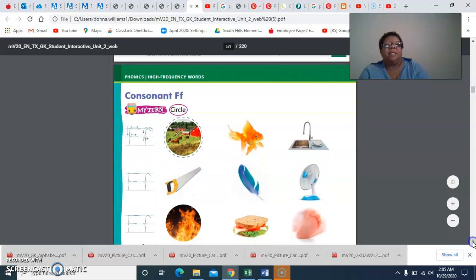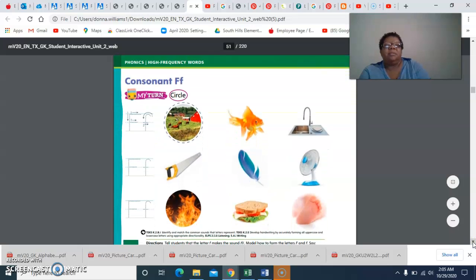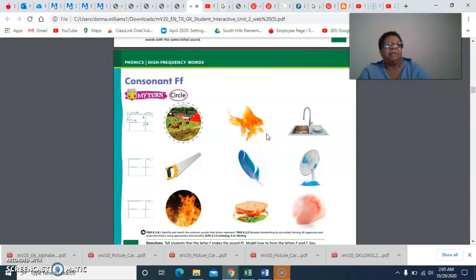The next page, you have the capital F, lowercase f, to practice on the left side of the page. Then you have each row has pictures. You have to find which ones start with letter F. So we have farm, you trace it. Fish or sink, which one starts with F? Which makes the sound?